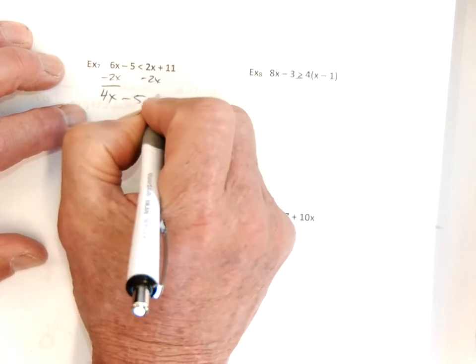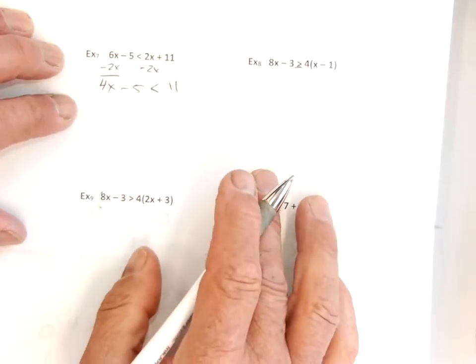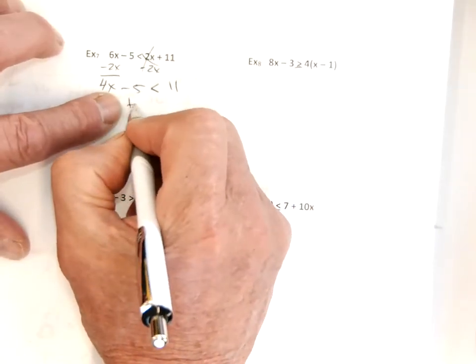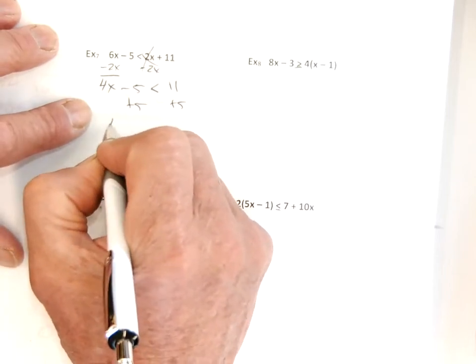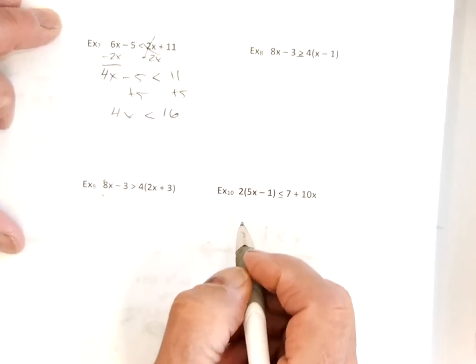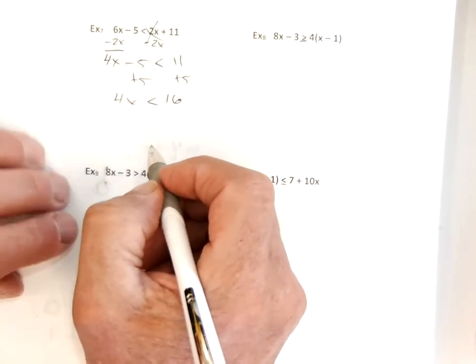Minus 5 less than 11. Because the 2x is gone. Plus 5 plus 5. 4x is less than 16. Divide by, am I going too fast?